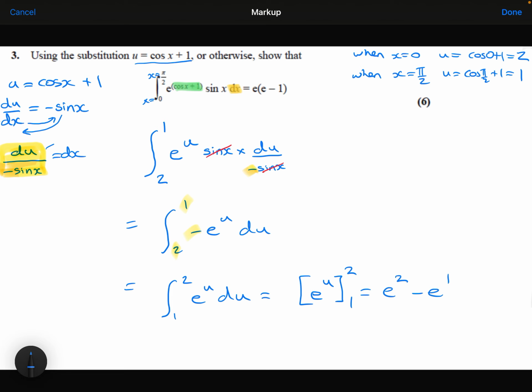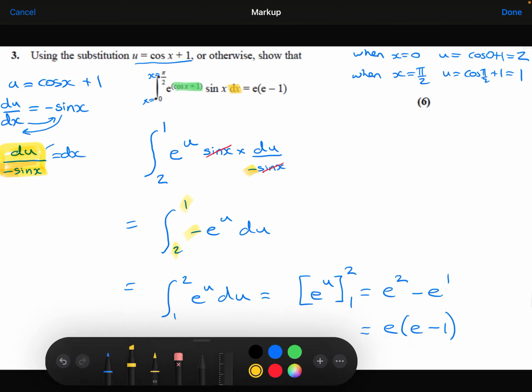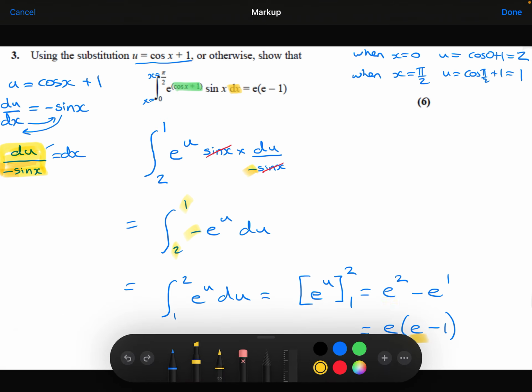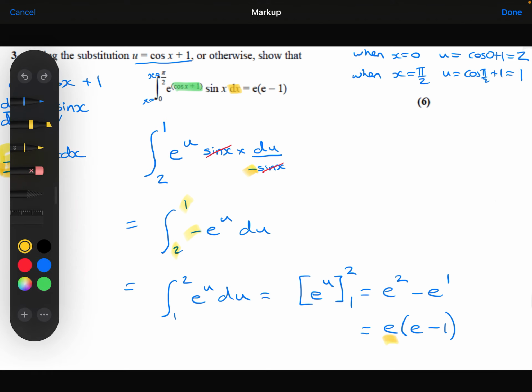So I've got e squared minus e to the power 1, which if I factorise an e outside, I get e times e minus 1. The e times the e is the e squared. And the e times the minus 1 is the minus e. So we have shown that that integral gives us the desired answer.